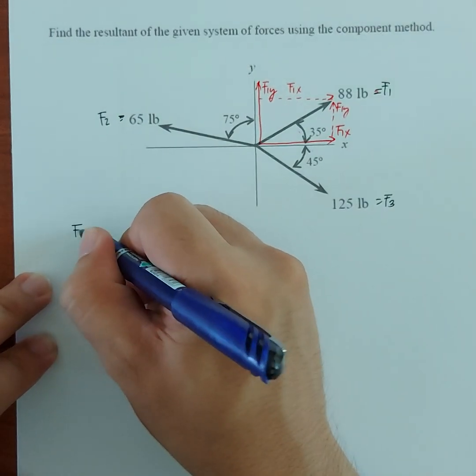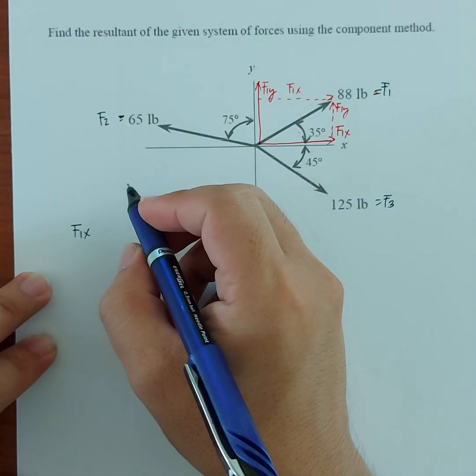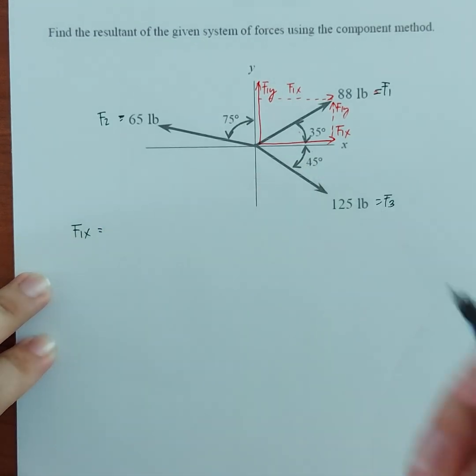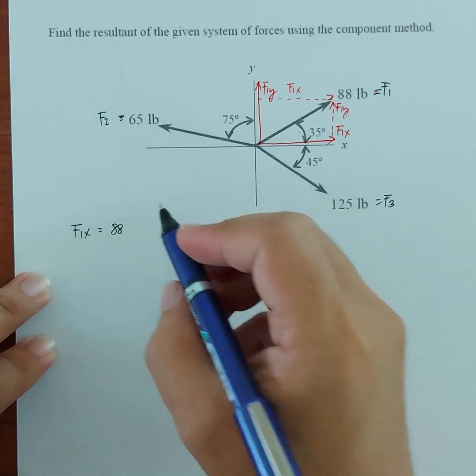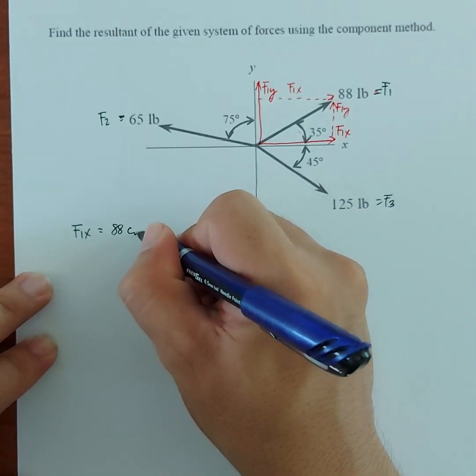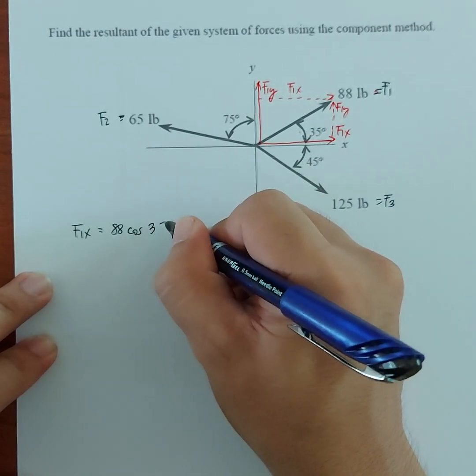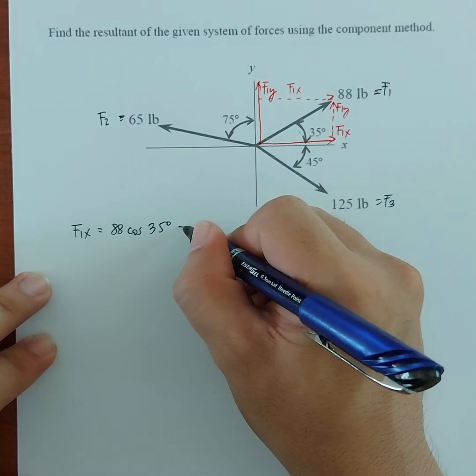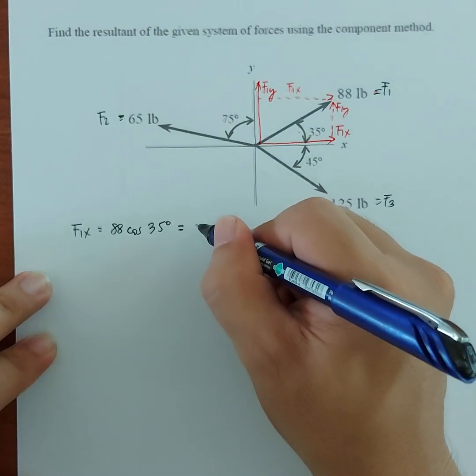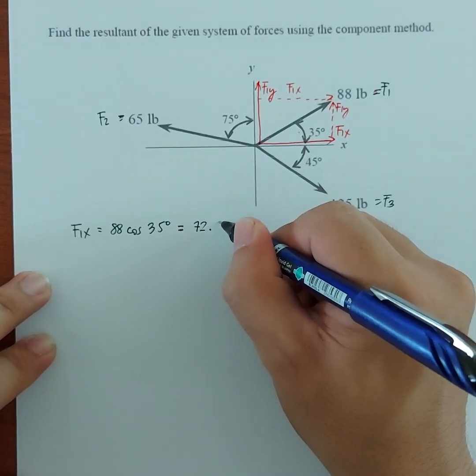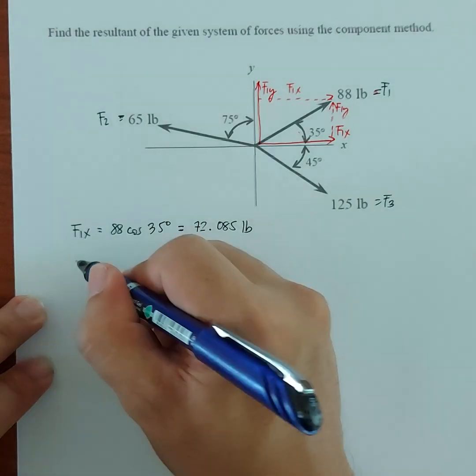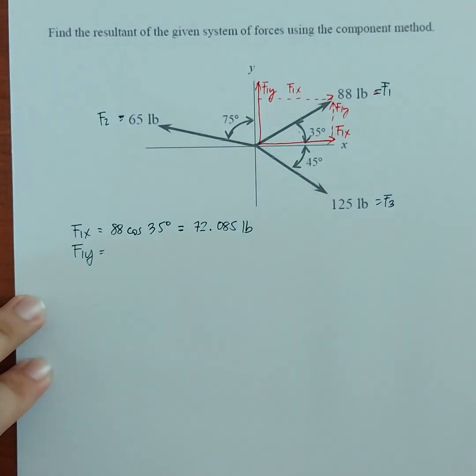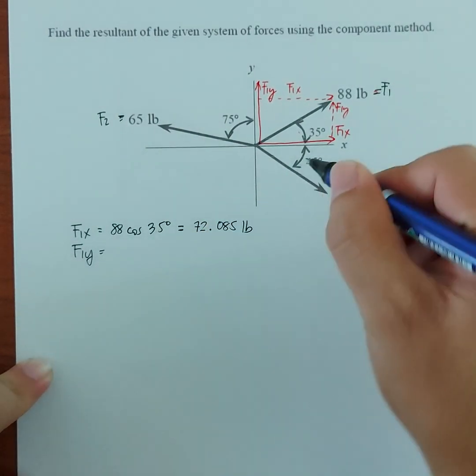Alright, so F1x is equal to 88 pounds cosine, so adjacent side yan, of 35 degrees, and that is equal to 72.085 pounds. Okay? And then F1y is equal to, what is F1y? Opposite. So, opposite side of the triangle.